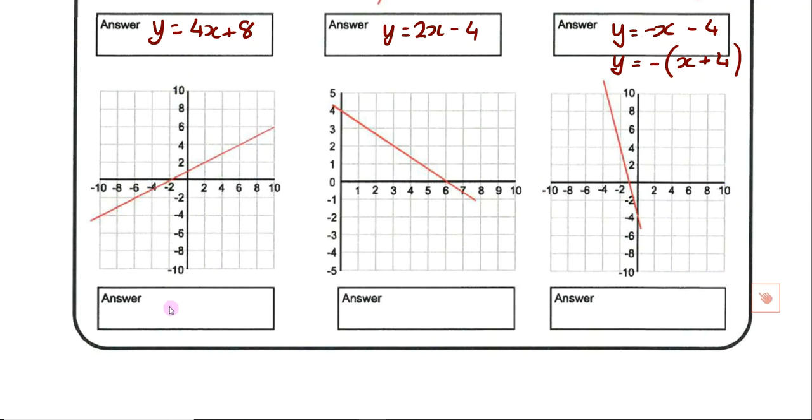This one? It's not y equals 2x. Good. Y equals 1/2 of x plus 1. What's slightly more difficult about that one?